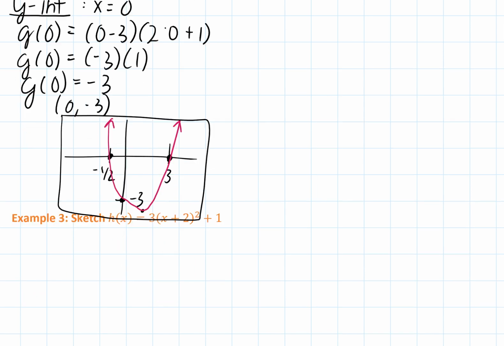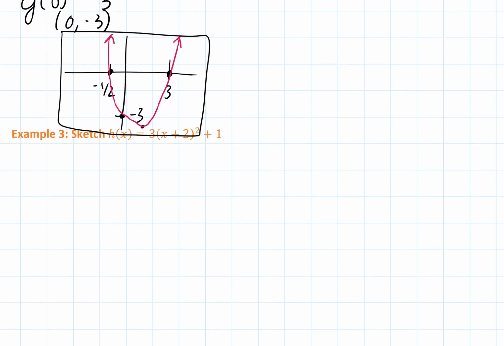Okay, let's take a look at our final function of the day. Let's find the x-intercepts, or the roots. We've seen one like this before.